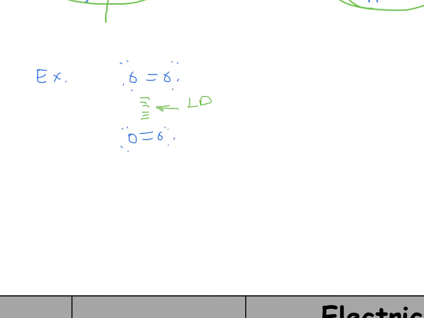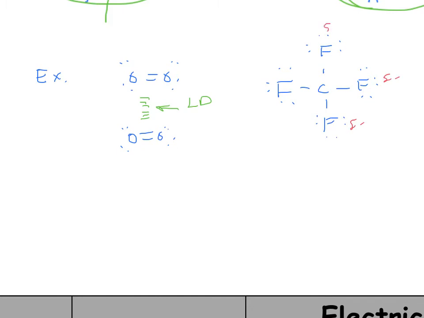Here's a more complicated example. CF4 is a molecule with polar bonds, but they cancel out, so it's a nonpolar compound overall.